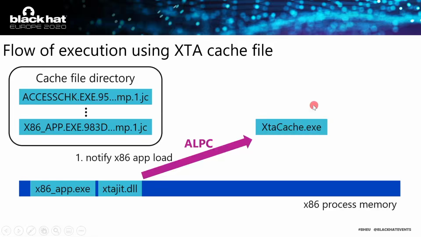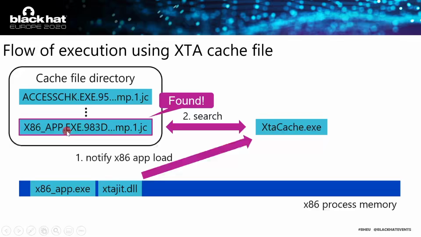Here I show a flow of execution of x86 emulation using XT cache file. When the x86 application runs, XTJIT DLL is loaded to the memory, and it notifies the XT cache service through LPC. Then this XT cache service searches a cache file for the application from the cache file directory.